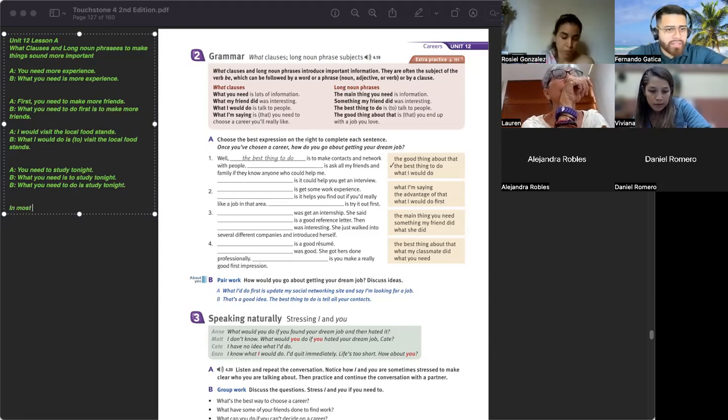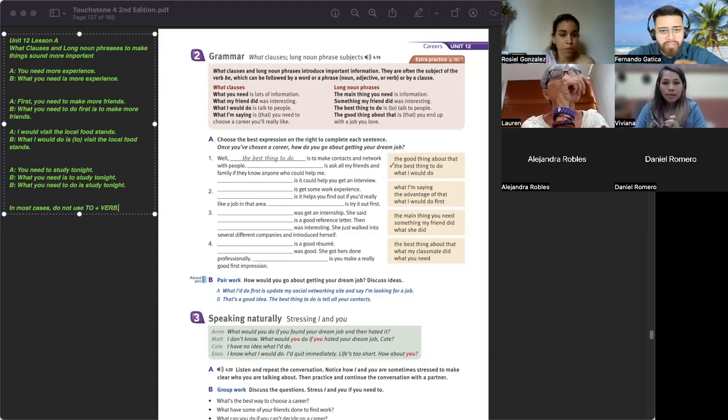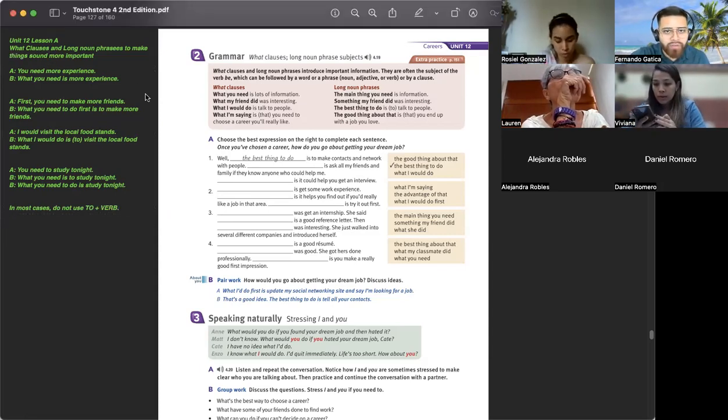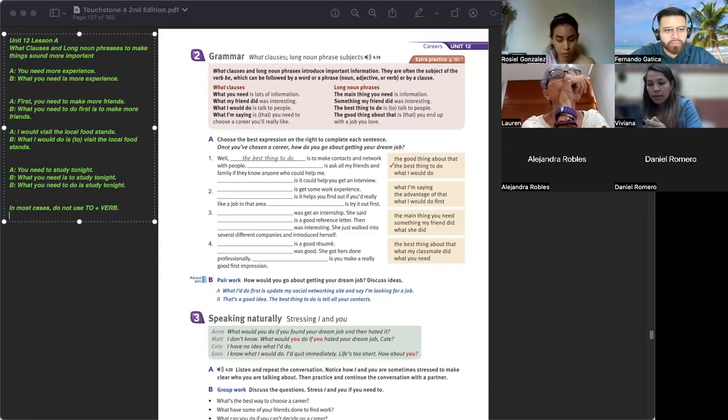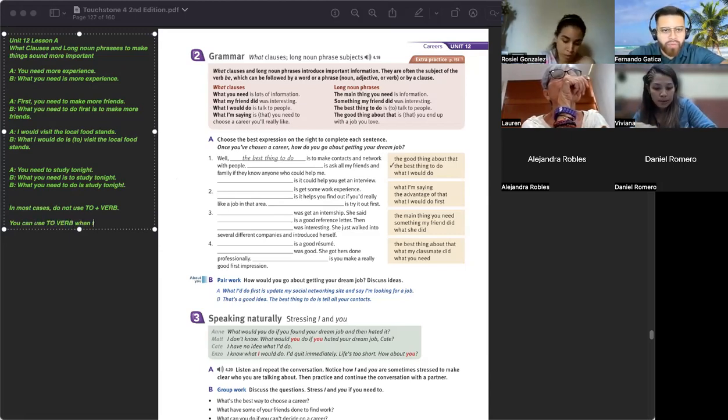In most cases, you don't use to plus verb. Now, you can use to plus verb when you have the verb do in the what clause or long noun phrase.